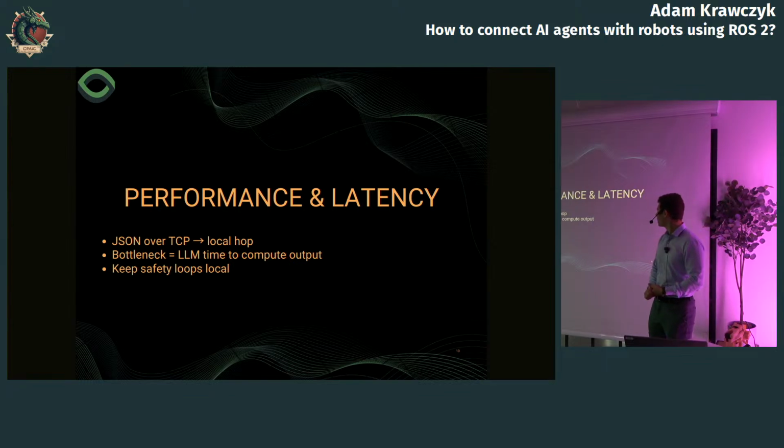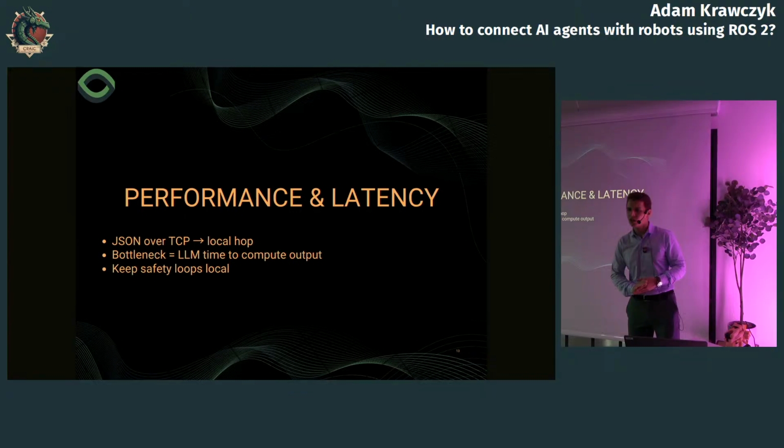So in terms of performance and latency, the current bottleneck is the LLM's time to compute the output. The MCP works very fast as it's only a bridge or translation layer to LLMs.